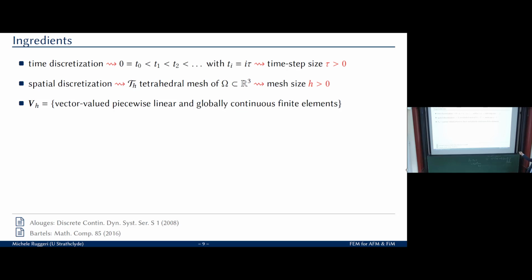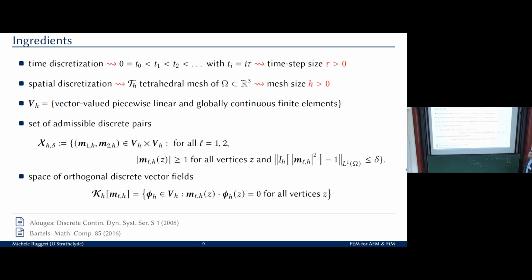These are the two parameters that go to 0 when you want to analyze convergence of your scheme. Okay? And I will approximate my two fields M1, M2 using first order finite elements. So VH will denote the space of vector valued, so three-dimensional, functions where each component is piecewise linear and globally continuous. So first order finite elements.